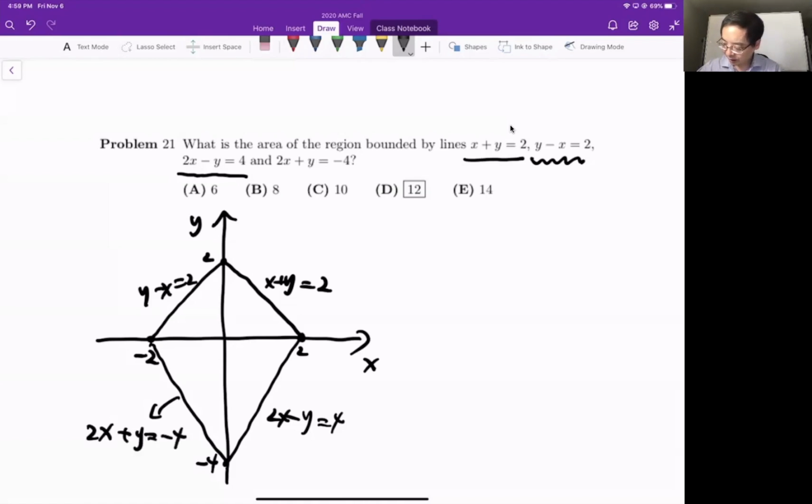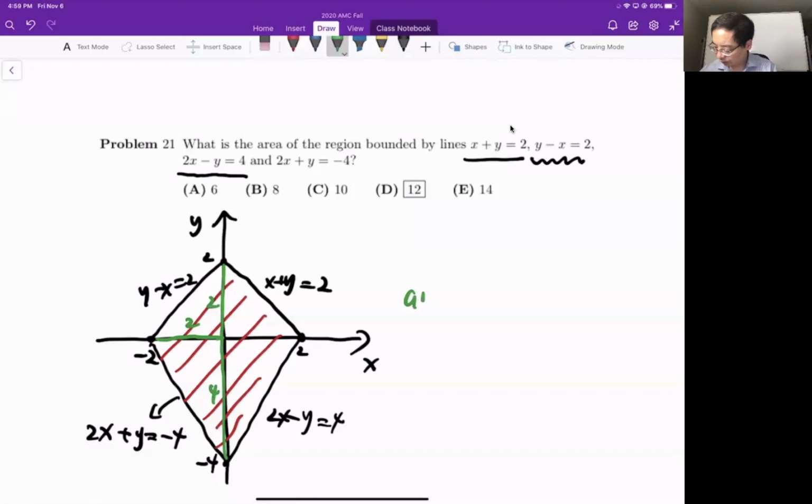All right. Then we just need to calculate the area of the region bounded by these 4 lines. Clearly, it's just 2 triangles. Here the height is 2, this is 2, and this is 4, so the base is 6, right?